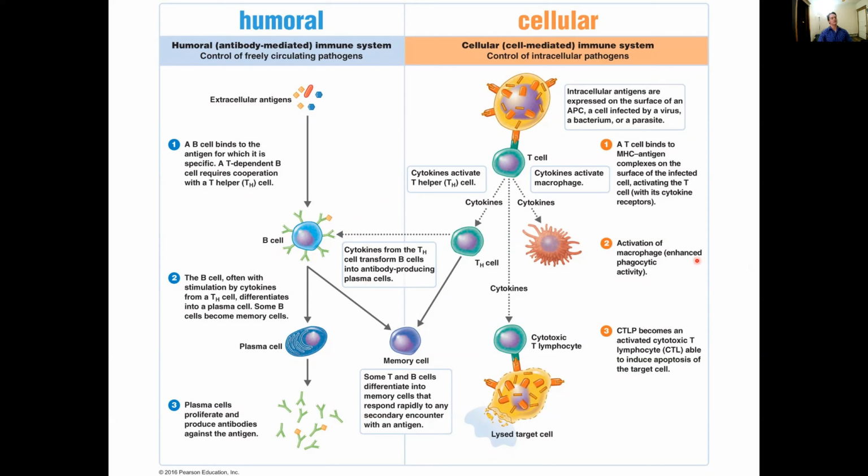And then you have cellular immunity on the other side, also called cell-mediated immunity, which depends on T cells to eliminate intracellular pathogens and reject foreign tissue recognized as non-self, and also destroy tumor cells.